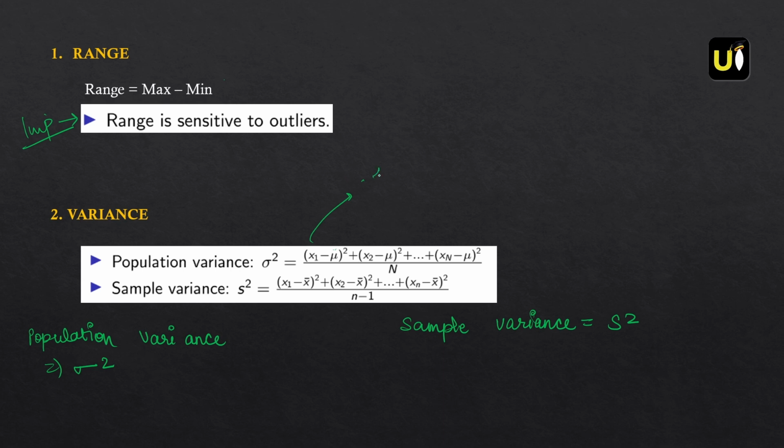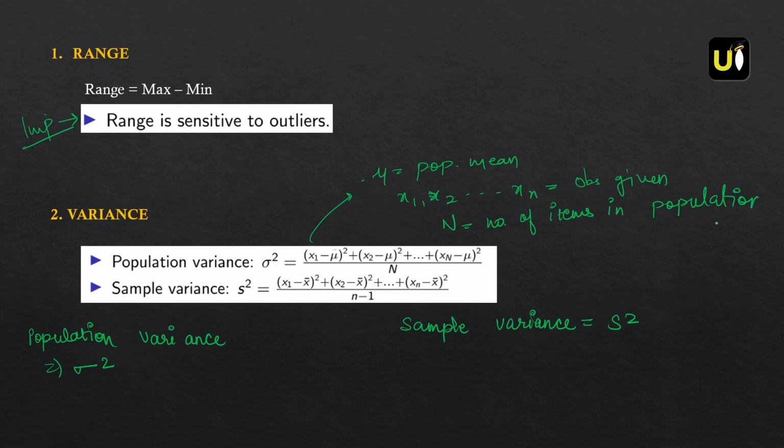Here mu is the population mean, and x1, x2 up to xn are the observations given. We take the difference, square it, and divide by the total number of items in the population.